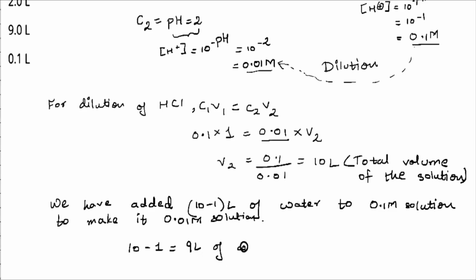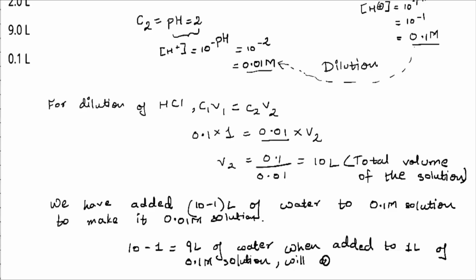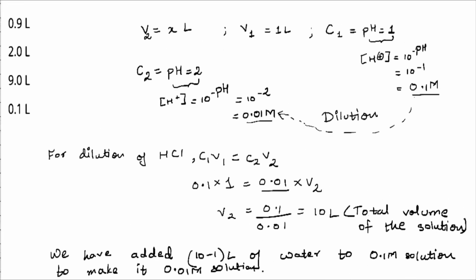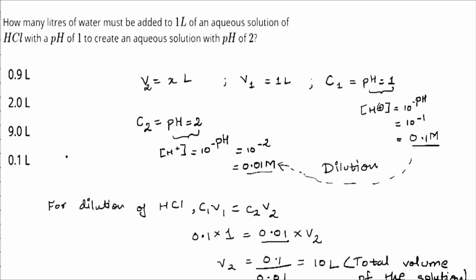So 9 liters of water, when added to 1 liter of 0.1 molar solution, will give 0.01 molar solution. Got the point? So that means our option number 3 is the correct answer.